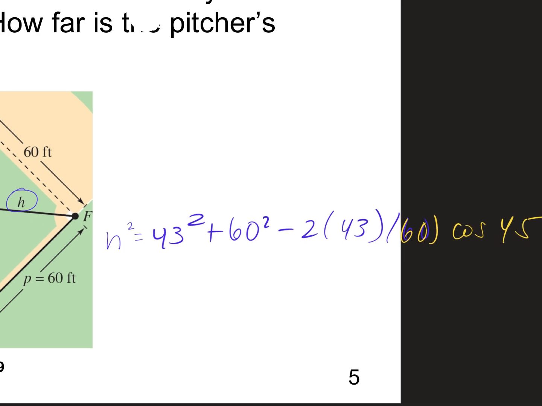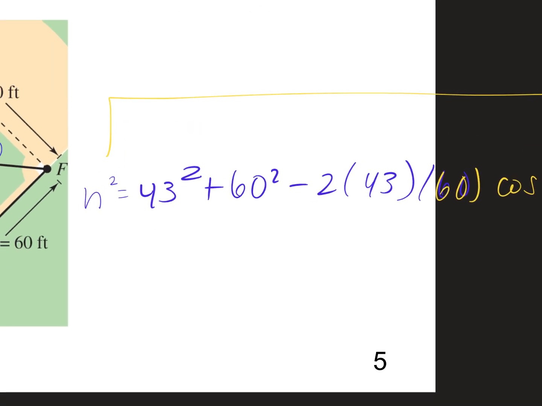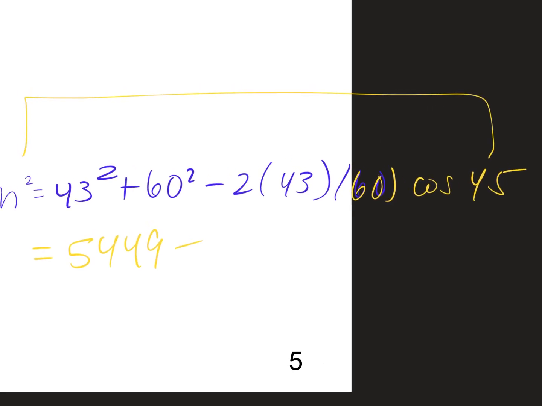Notice you're looking for H, and there's the angle across from H on the outside. So just simplify a little bit here. What is 43 squared plus 60 squared? 5449. Good. Minus, what's 2 times 43 times 60 times the cosine of 45?